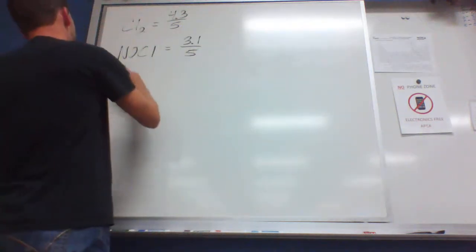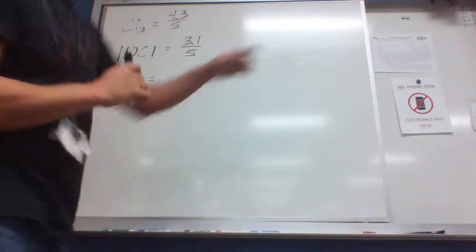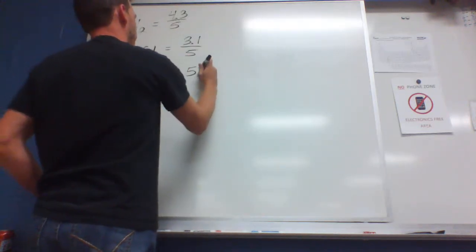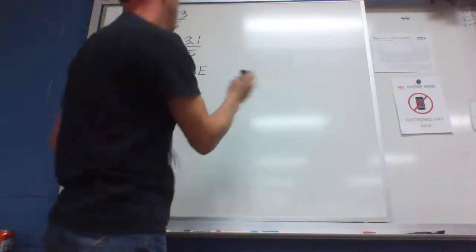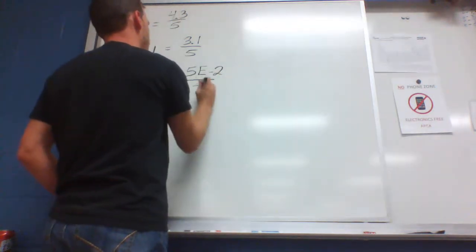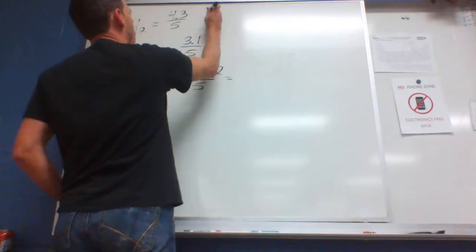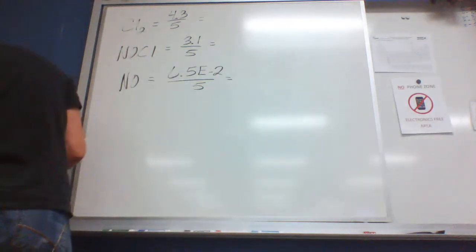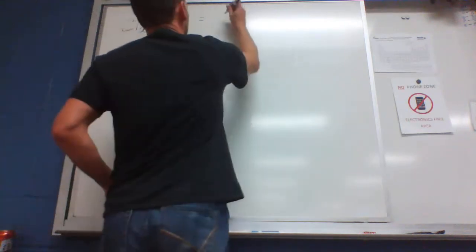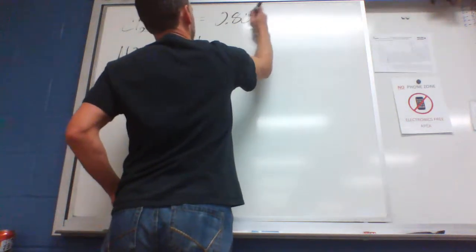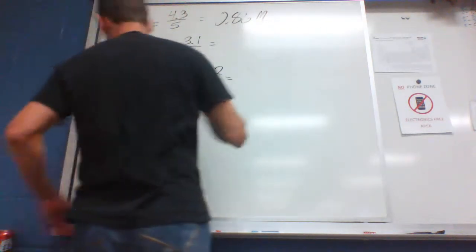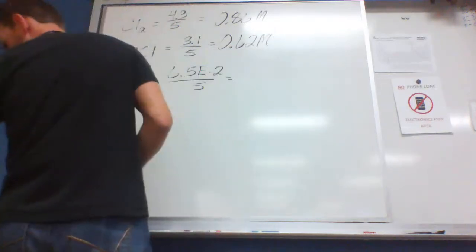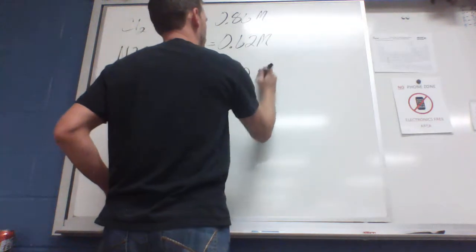And then for my NO, 6.5 E negative 2 over 5. And this is going to give me my different values. The values that I get are 0.86 molar here, 0.62 molar here, and then 0.013 molar here.